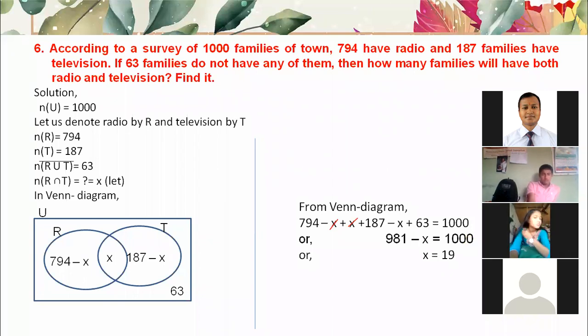Is there any mistake? Check it. Minus x equals minus 19, so cancelling minus and minus, x equals 19. Wait. Add these values again. Is there any mistake? 794 plus 187 plus 63.